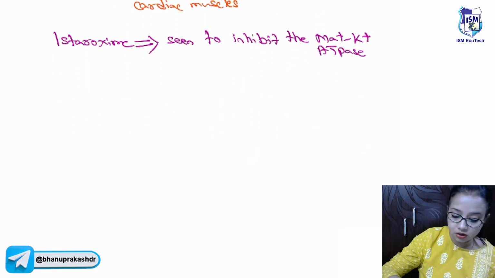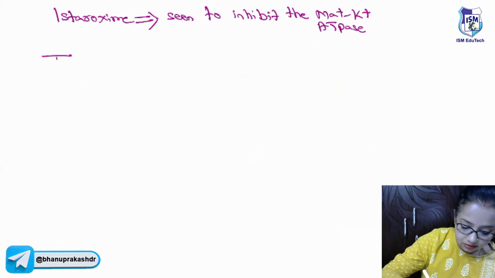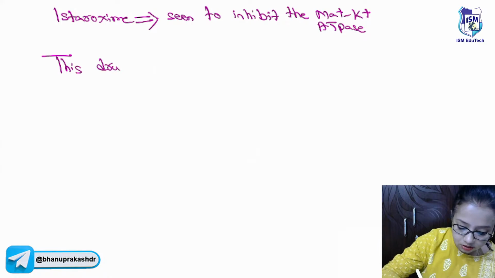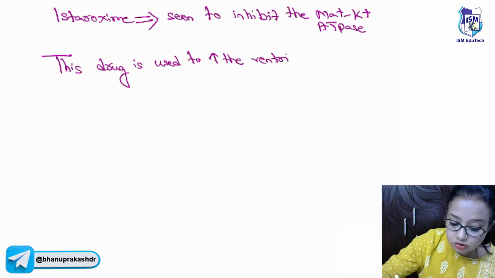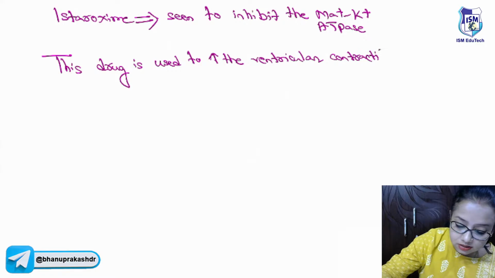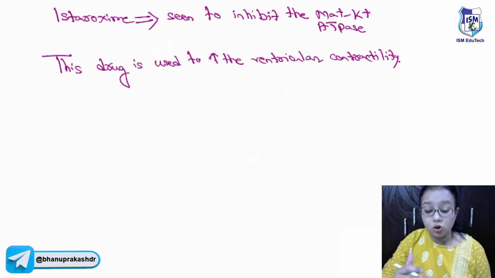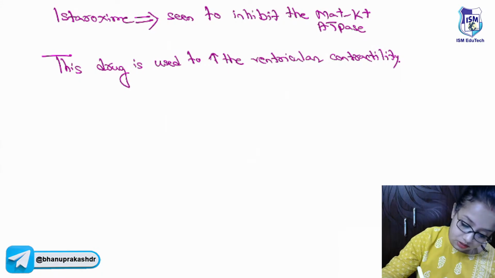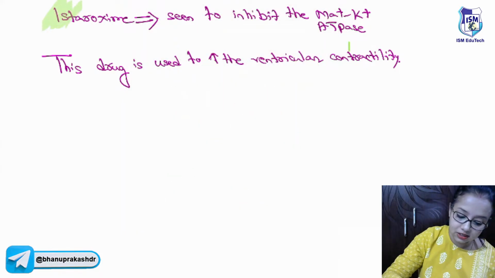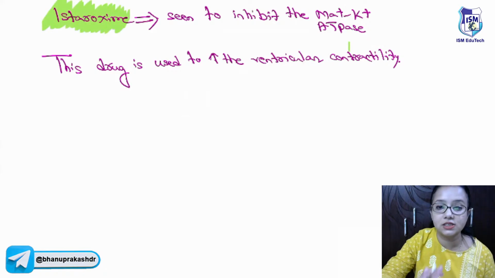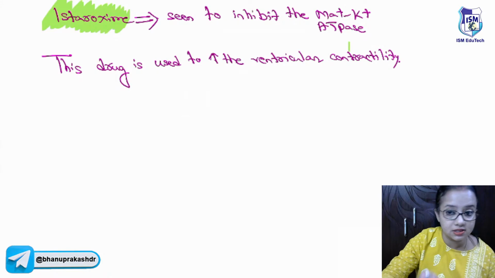Because of this characteristic, this drug is used to increase the ventricular contractility of the heart. But the limiting factor is that how this particular drug is actually functioning, that mechanism or mode of action, is still not reported. It is yet to be found out.